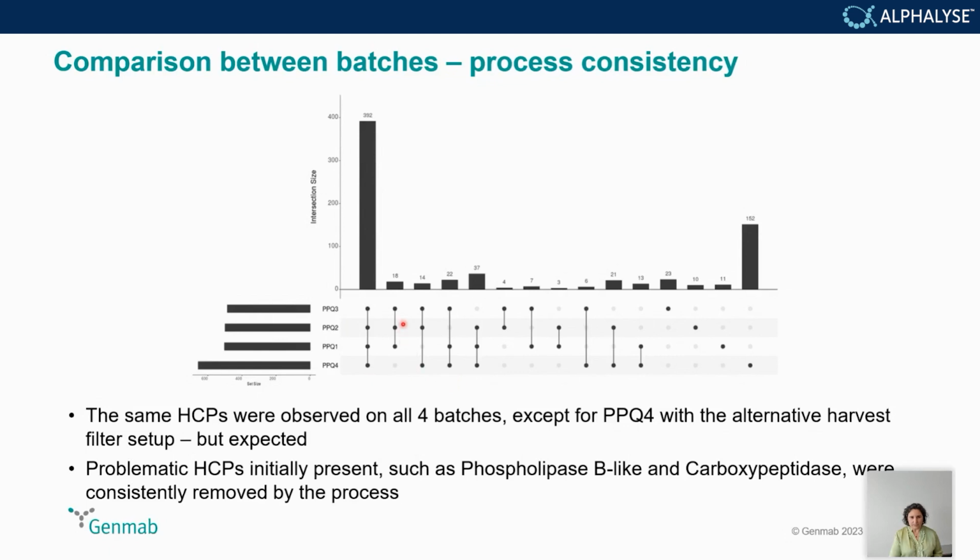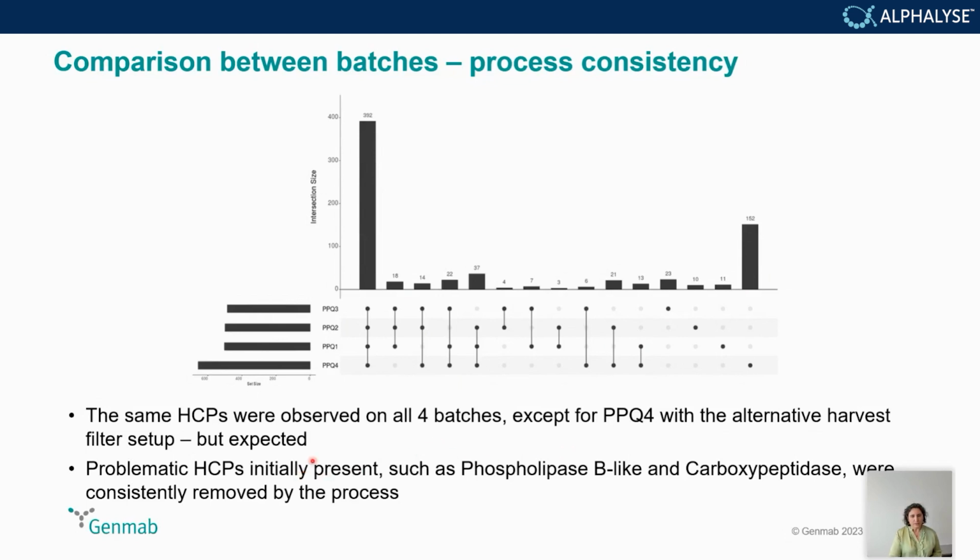That's the harvest, and we can see that some proteins are more abundant in one batch than the other, but consistently they are the same, except for some single proteins that are distributed across the 4 batches. But in general, we have very good consistency of proteins expressed.